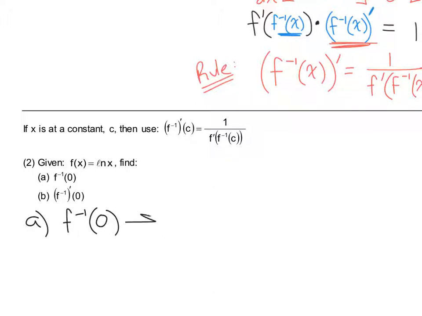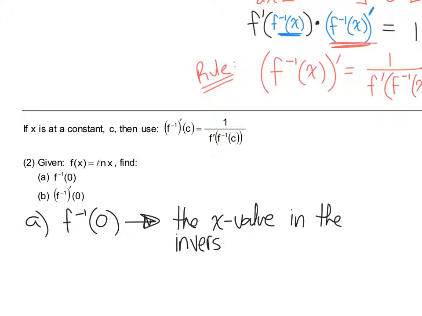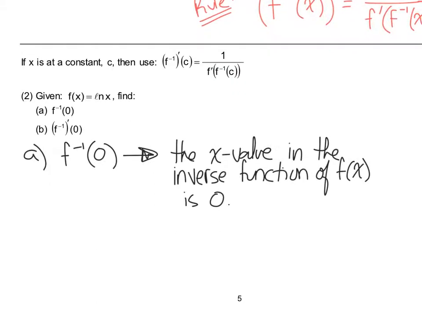What this is talking about is that the x value in the inverse function of f of x is 0. I'm writing that statement because it's incredibly important. It doesn't seem like it would be, but it's the key to understanding everything.